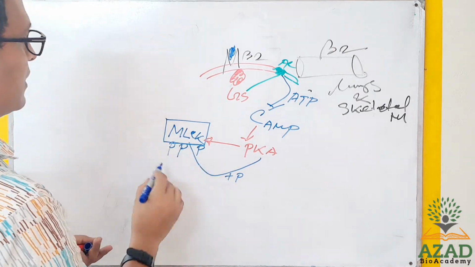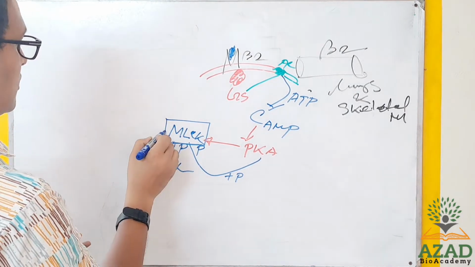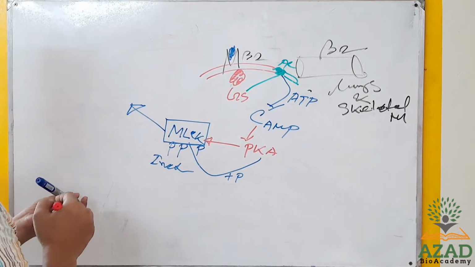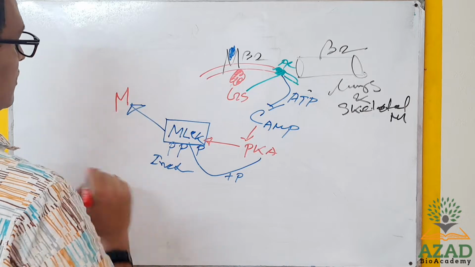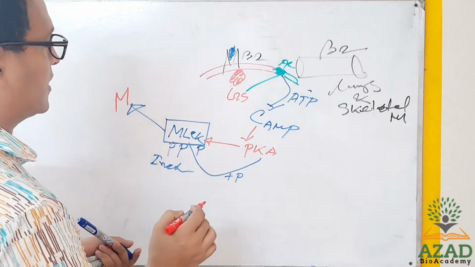So phosphorylated myosin light chain kinase is actually inactive. It will not be able to just phosphorylate the myosin. Myosin will not be phosphorylated by the phosphorylated myosin light chain kinase.